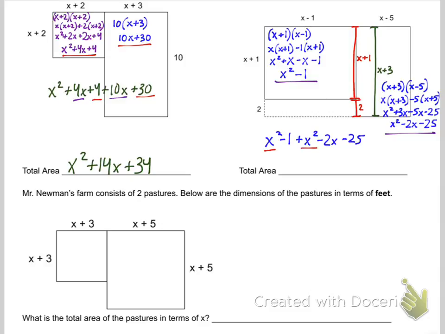We have 2 x squareds. X squared plus x squared is 2x squared. We also have a negative 1 and a negative 25, which combine, so we get 2x squared minus 2x minus 26. And it's a good idea when you're doing this to check off each of the ones as you go. So we checked off, yep. We used all the terms, so we are done.